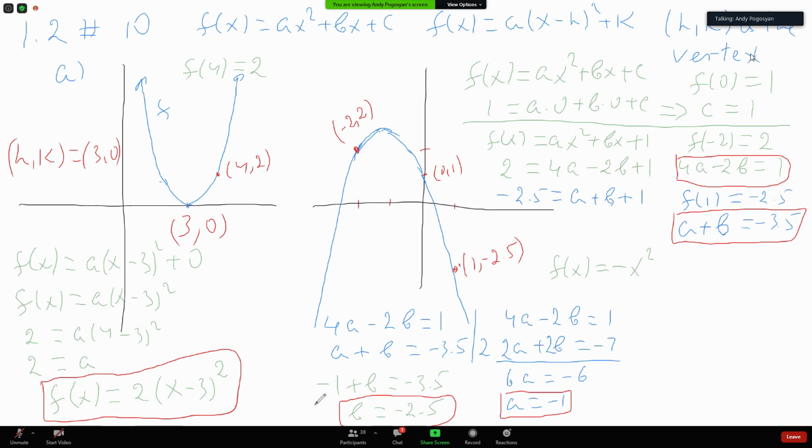B is negative 2.5, x, c is 1, plus 1 will be the equation. Okay, any question on this one?